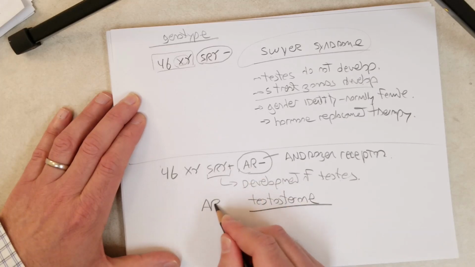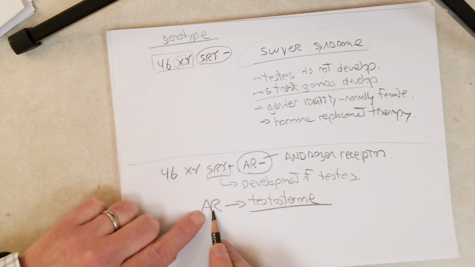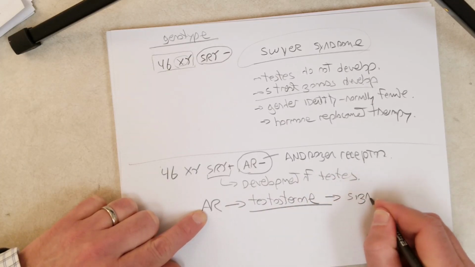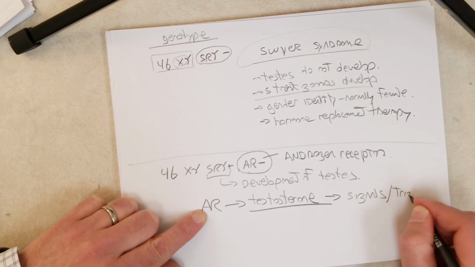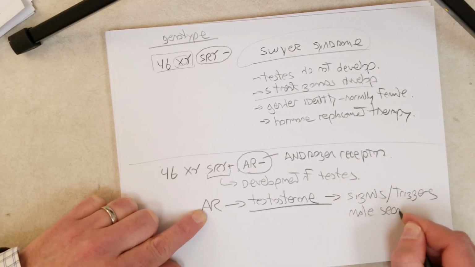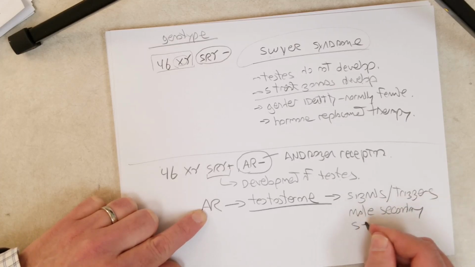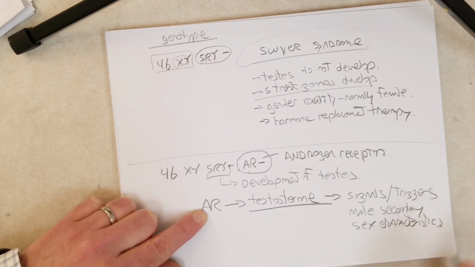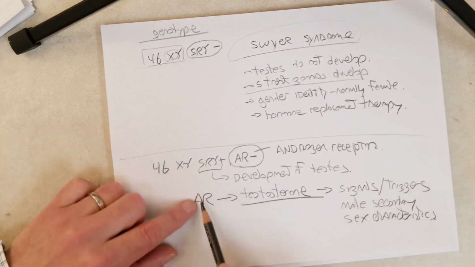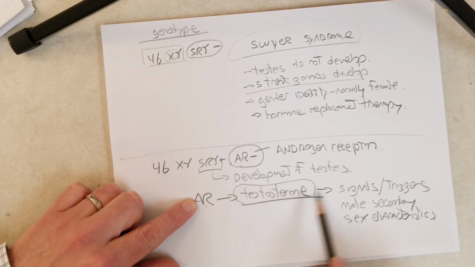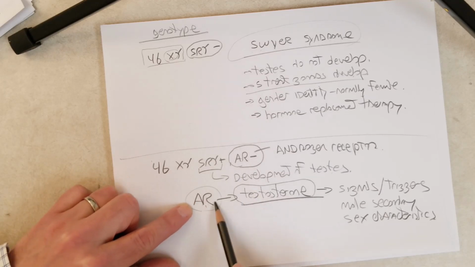So AR, the androgen receptor, recognizes testosterone and then triggers the male secondary sex characteristics. So if this is mutated, well, there's testosterone present, but the testosterone can't trigger the male secondary sex characteristics because it does it through the androgen receptor.